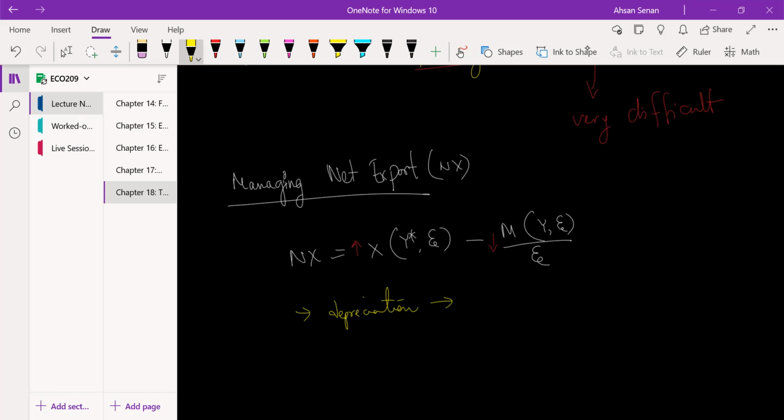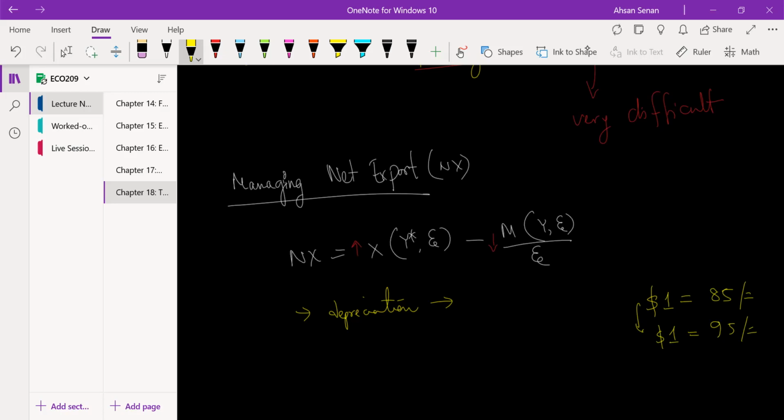Let's talk about USA because I know the exchange rate. What I know is that $1 is equal to 85 taka. Now suppose there is a depreciation, and because of that, since taka has become weaker, $1 is equal to 95 taka.